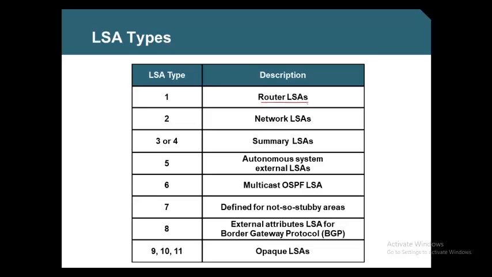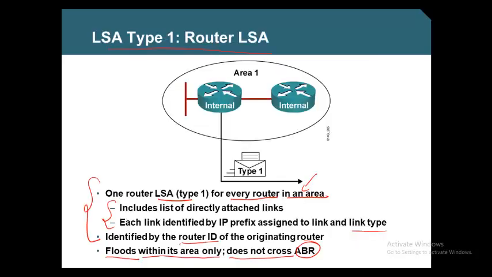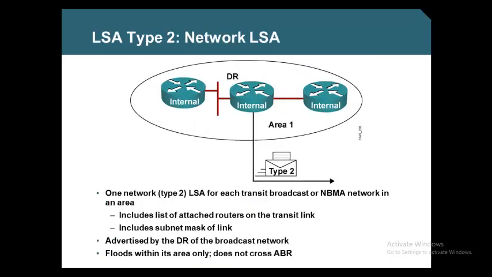You see, network LSA. Network LSA is type 2. This LSA is sent both in broadcast and multi-access Ethernet networks, but it is advertised only by the DR.